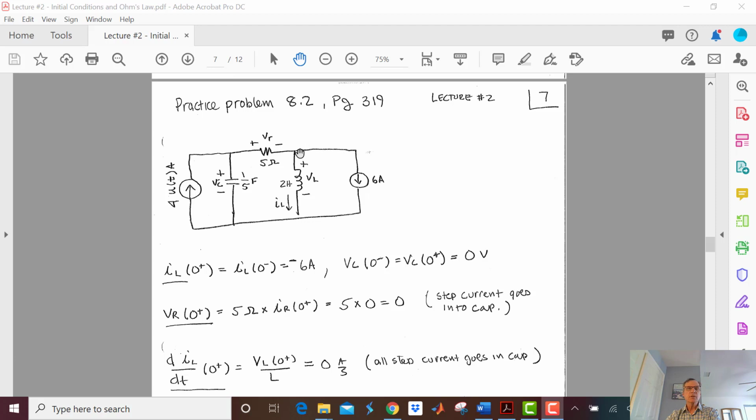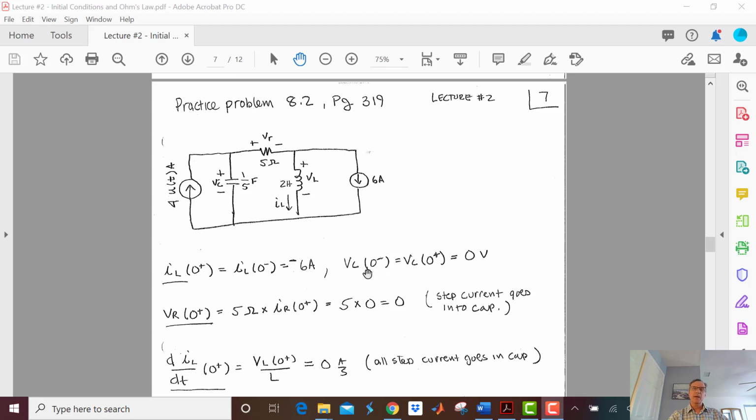So 0 volts. And if I visualize this circuit, I see the 6 amps going through that inductor, and there's no voltage across it. So I_L at 0 minus is obviously going to be negative 6 amps. And I_L at 0 plus is going to be equal to I_L at 0 minus, which is also going to be negative 6 amps.